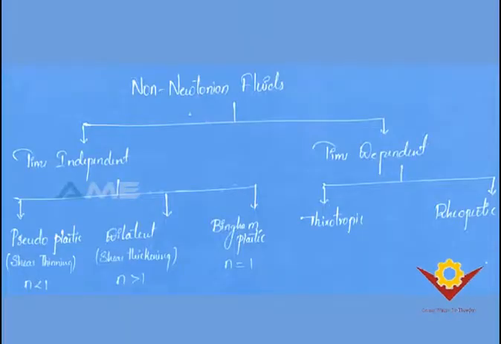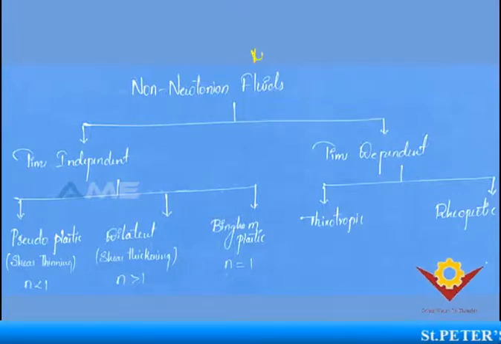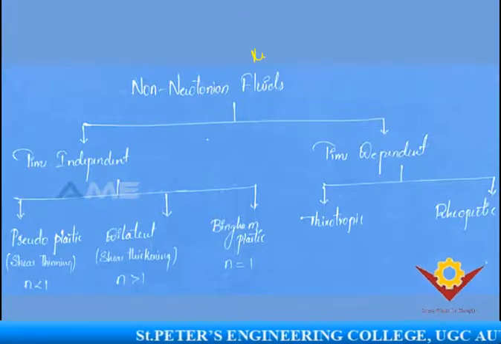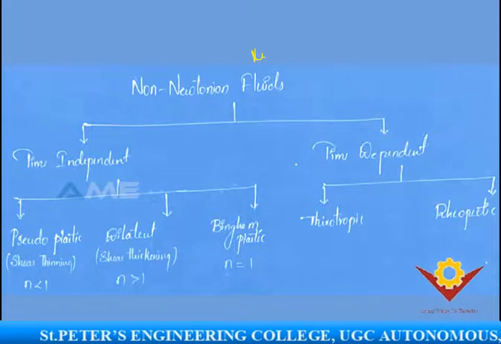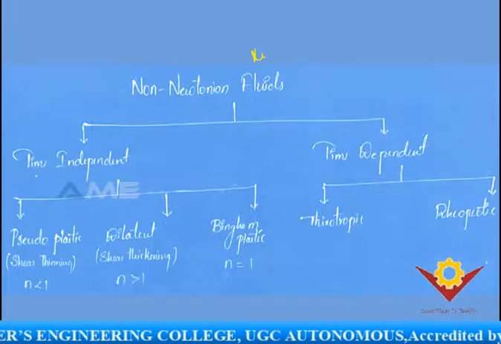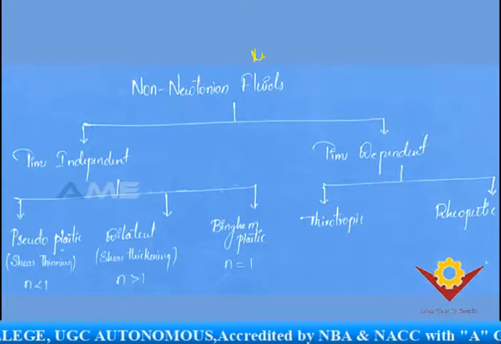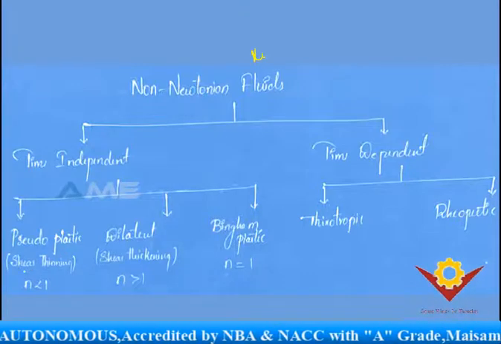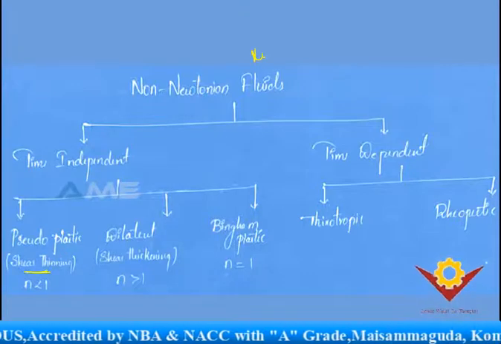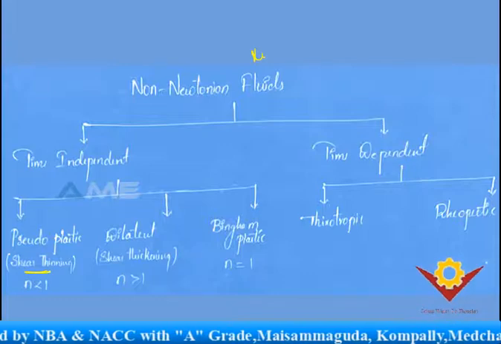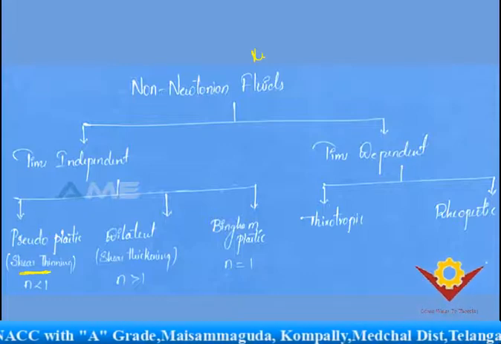And here for the non-Newtonian fluids, your mu varies non-linearly. Now these non-Newtonian fluids will be divided into two parts: time independent and time dependent fluids. For the time independent fluids, we have pseudoplastics, and these are shear thinning. The best example is paint.